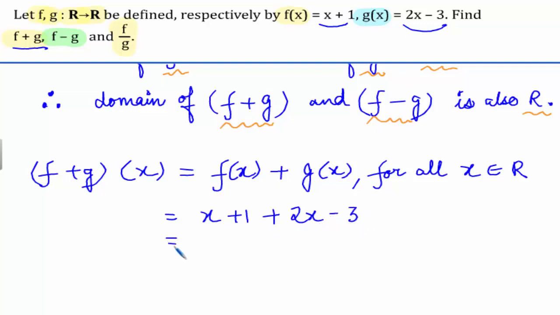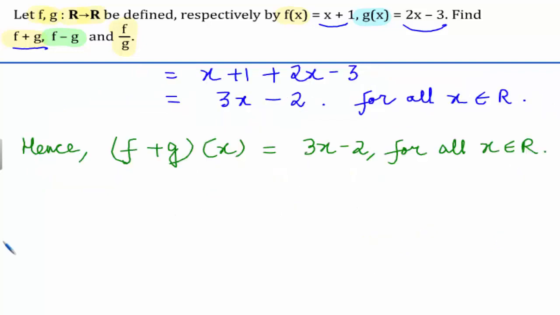So we have 3x minus 2 for all x belongs to R. Hence, f plus g of x is equal to 3x minus 2 for all x belonging to R.